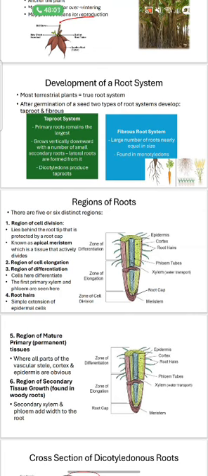The second one is the region of cell elongation. Third one is the region of differentiation, and this includes cells that differentiate, and the primary xylem and phloem can be seen here. The fourth one is root hairs, which are simple extensions of epidermal cells.